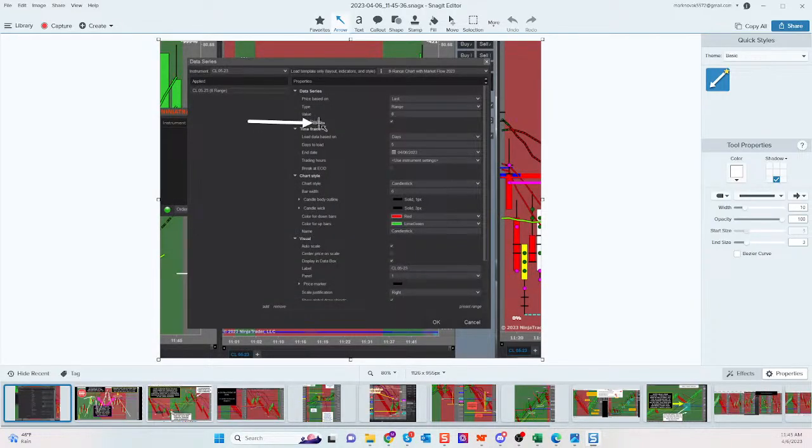And all this is in the user guide. There you go.